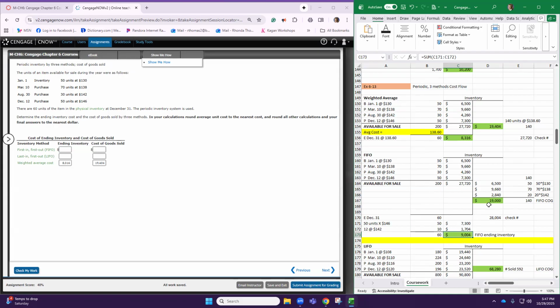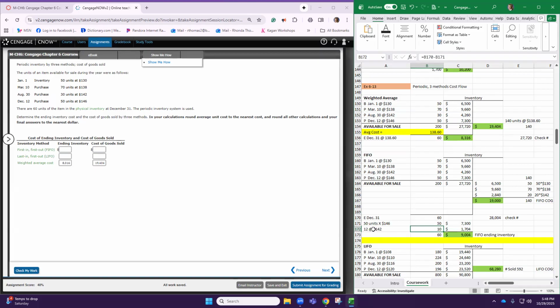So I've already seen that here's my check figure. That is not the same as that. So I've got something wrong somewhere. Okay, so let's figure it out. So here is 50 units times 146. That was the last cost. They're still in inventory. Then there are 12.